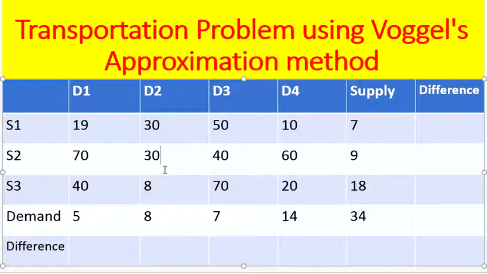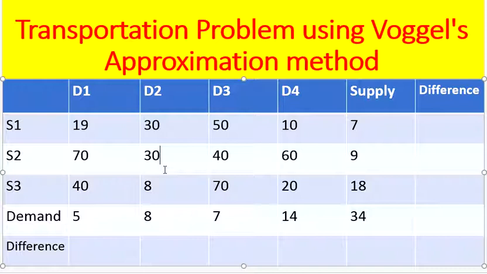This procedure is repeated until all elements are assigned or eliminated. If any column is satisfied, then the remaining elements of that column in the cost matrix should be null.